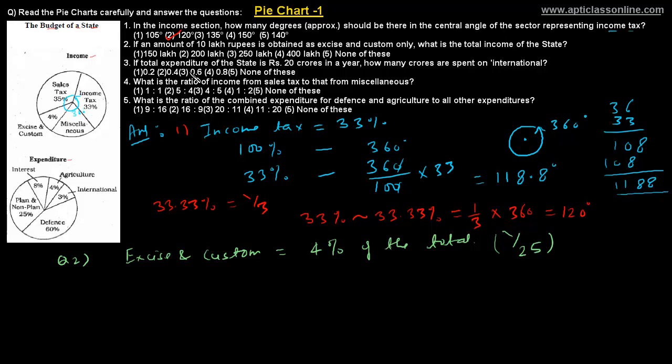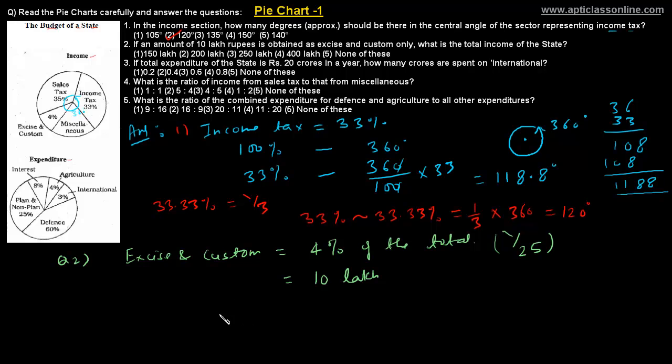So that is basically 10 lakh rupees. So 4% is equal to 10 lakh. Now the question is very simple. That is 4%, which is custom and excise. 4% or 1/25th is equal to 10 lakh.